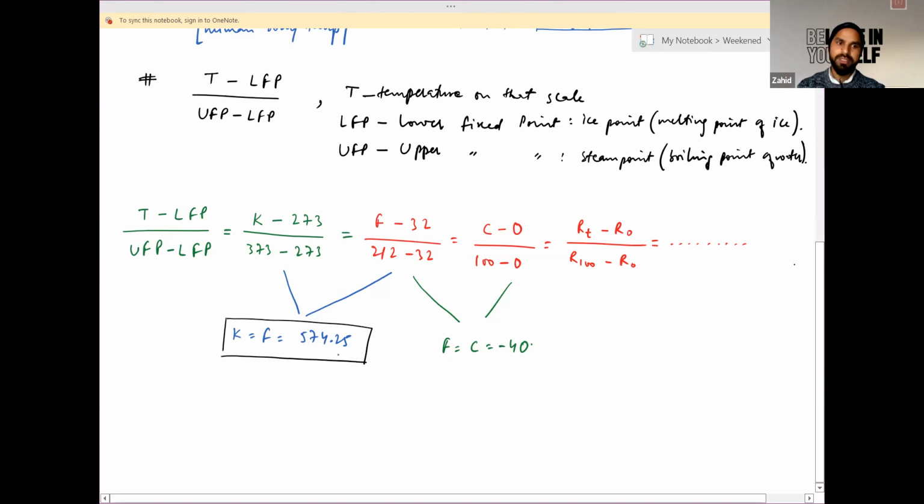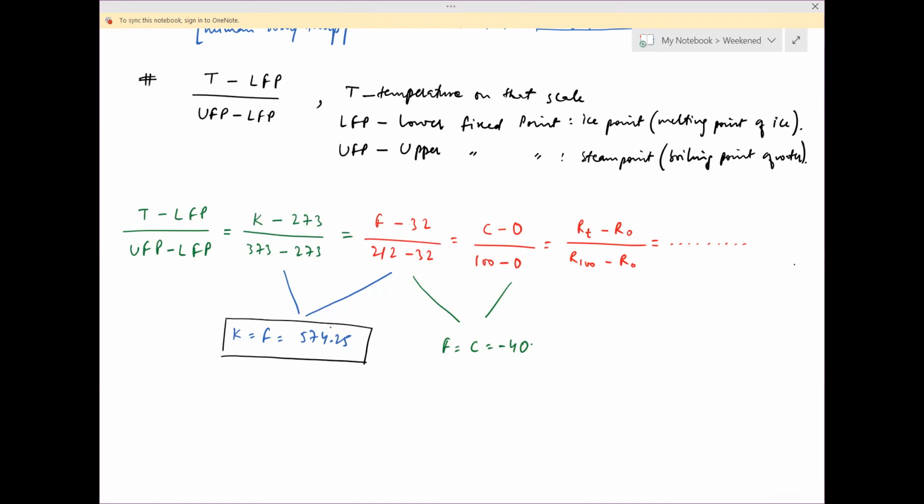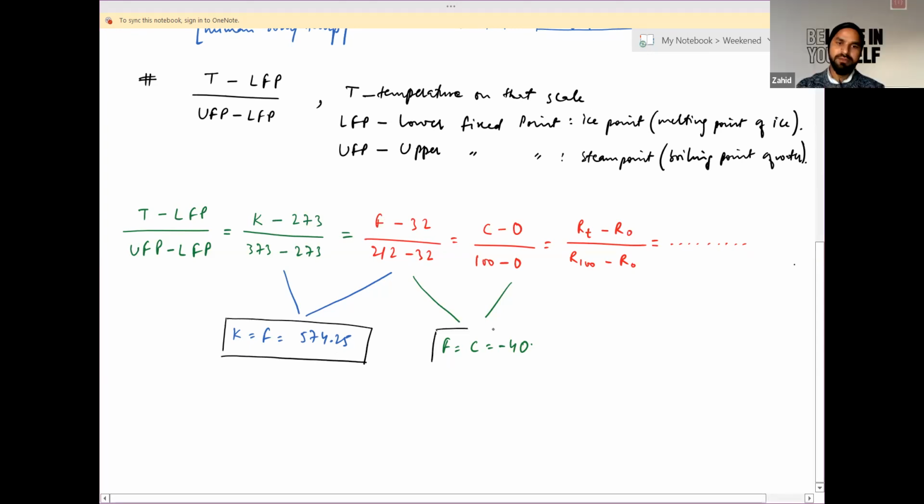On solving, you will get this much temperature. It means at this temperature, Kelvin scale and Fahrenheit scale are equivalent to each other. Is it clear? Yes. Similarly, I have calculated for the Celsius part. So these two questions will be asked in just a 1 mark question.